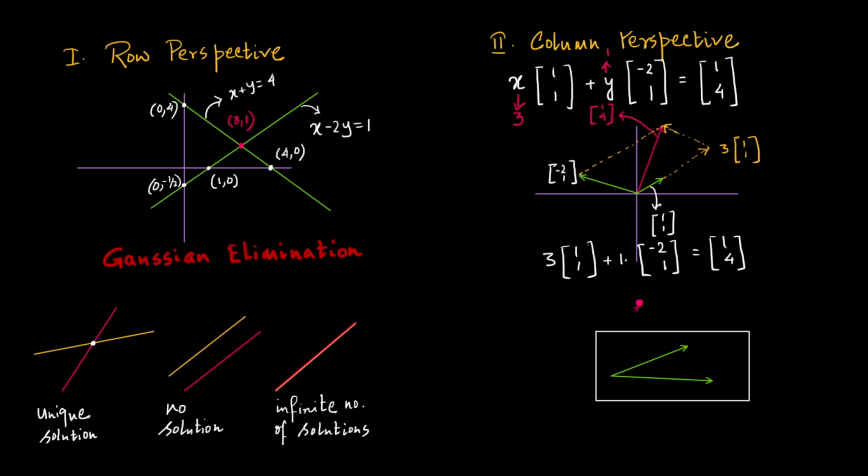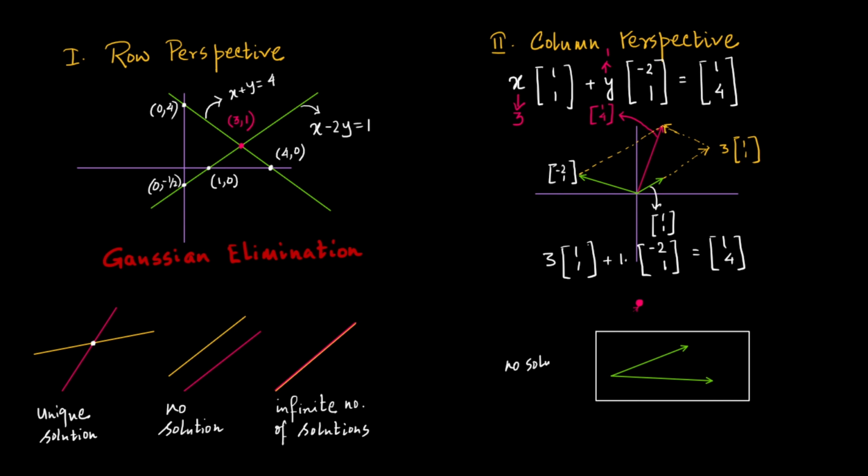The answer is no, because any linear combination of these 2 green vectors will yield a vector in the same plane. And since your right hand side vector, represented by this pink dot, is lying outside this plane, you cannot represent it. That means this case corresponds to no solution.